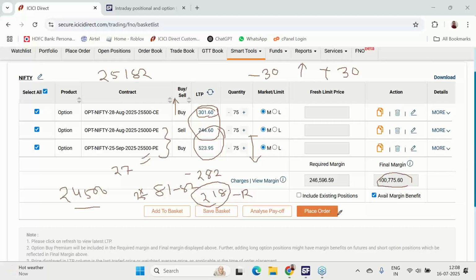In spite of having a negative delta and a fall, you are still losing. However, if it goes up, in an uptrend, it is open-ended. Say it goes to 25,600, 700, 800, 26,000. What happens? 282 is lost, however the remaining is profit.